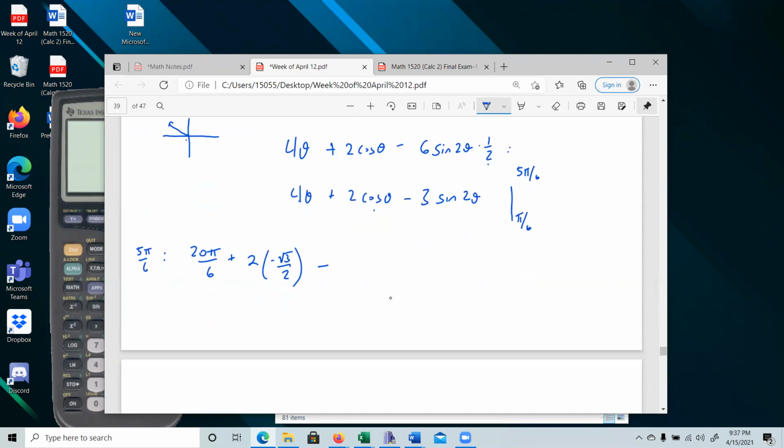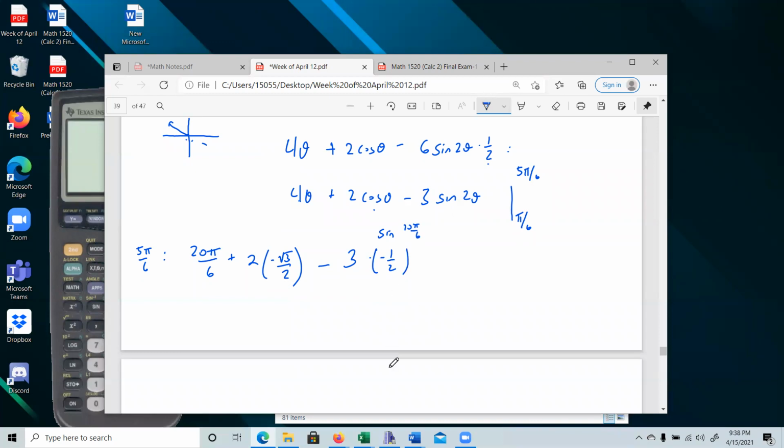Okay, minus, and then we have 3 sine of 2 times, that's going to be 10 pi over 6. That's in quadrant 4, so this is also going to be negative.